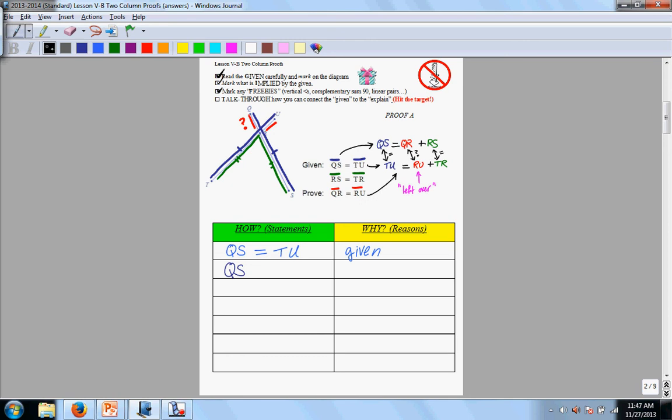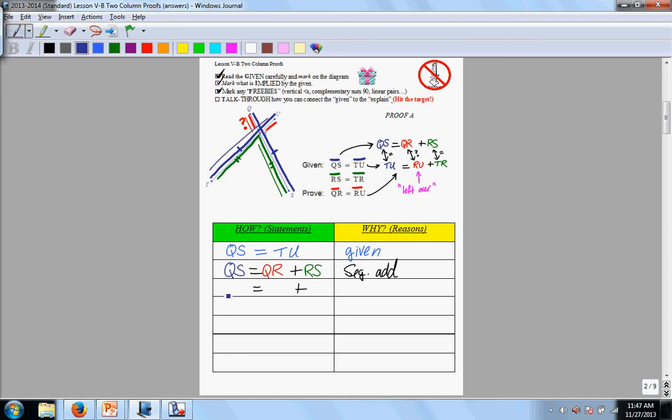I know that QS is equal to the smaller segment, QR, plus this smaller segment, RS. And why do we know that? That's just called segment addition, which means smaller segments add up to bigger segments.